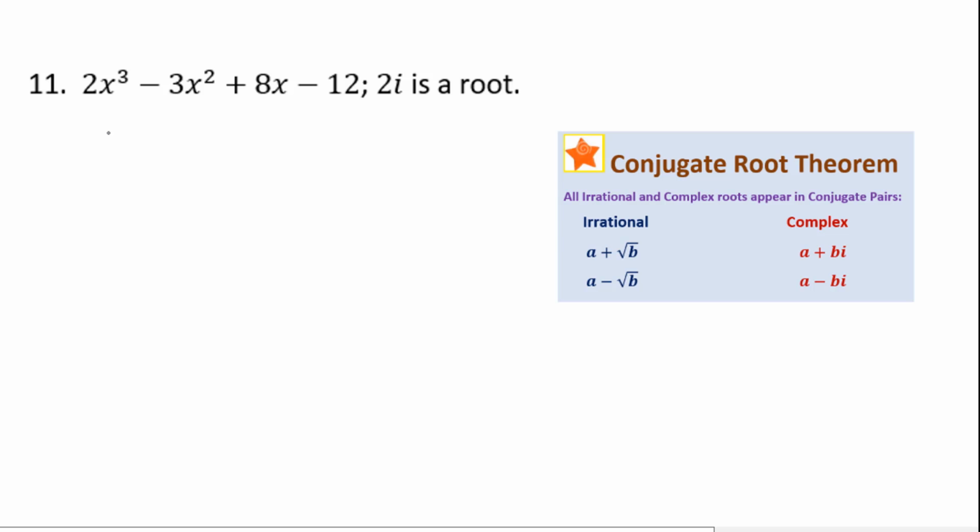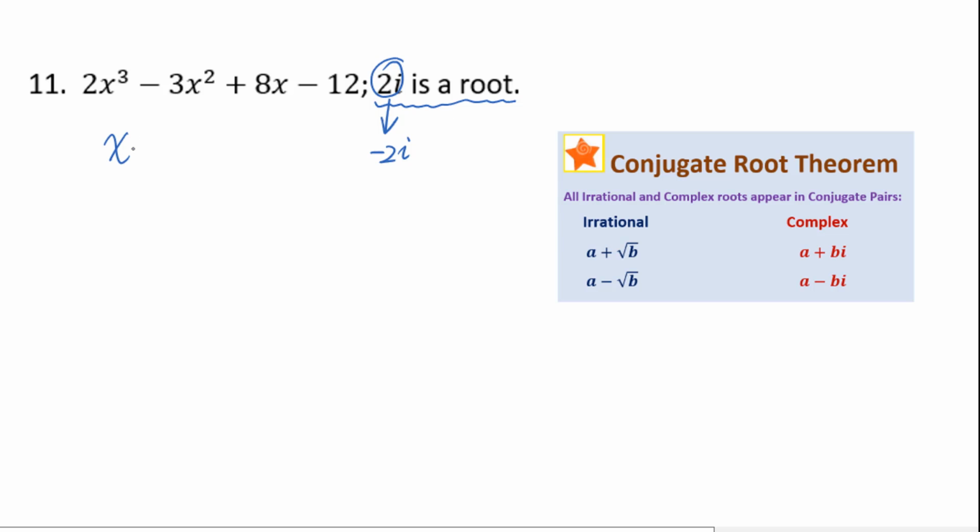Let's go to number 11. 2x third power minus 3x squared plus 8x minus 12. 2i is a root. Remember the conjugate root theorem: since 2i is a complex root, negative 2i is also a root.